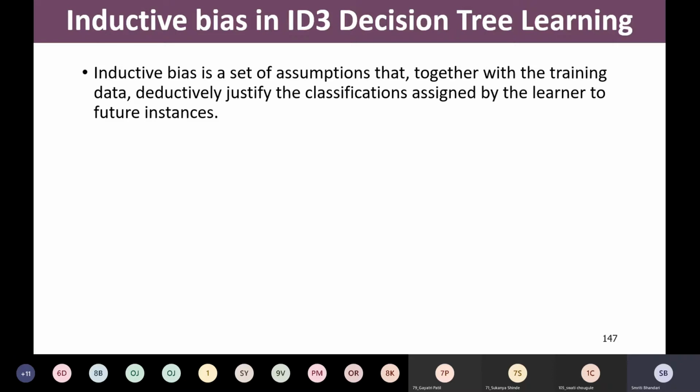Inductive bias is a set of assumptions that together with the training data justify the classifications assigned by the learner to future instances. So in short, inductive bias is the set of assumptions that we impose while dealing with a learning algorithm.